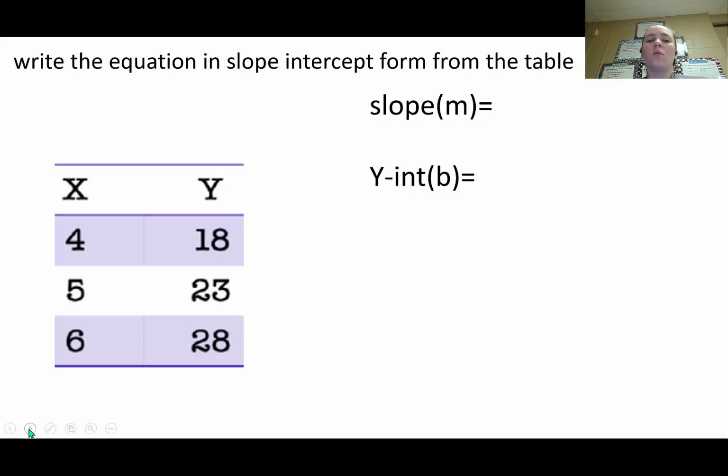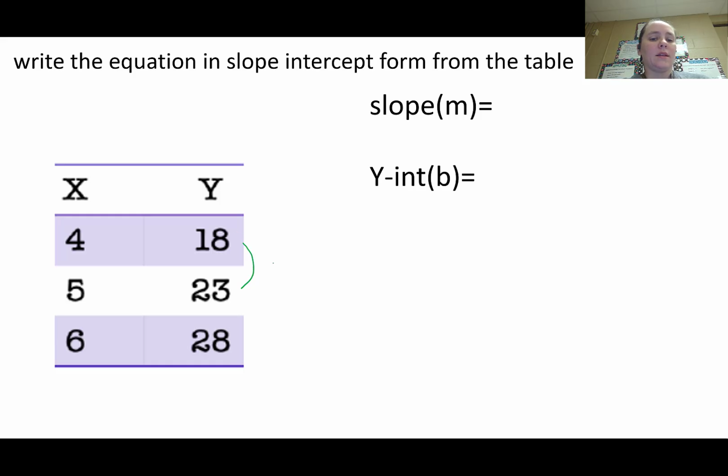All right, so what do we do if we don't have a y-intercept? Notice here in my table, I don't have where x is 0. I can still find what the equation is. I'm going to start by finding my slope.